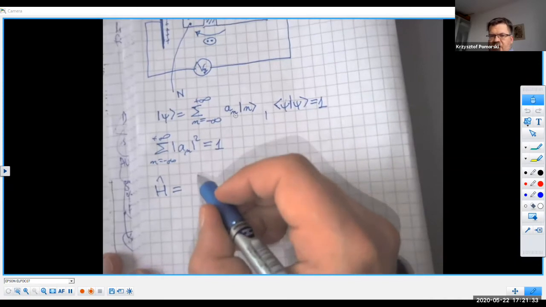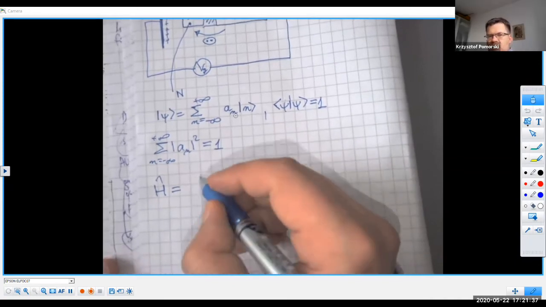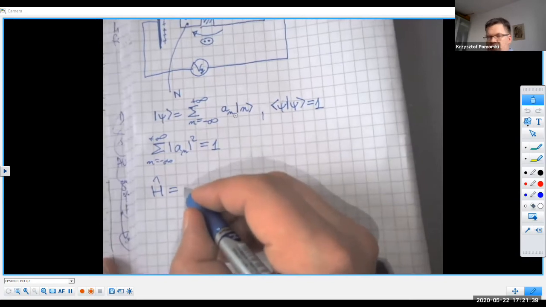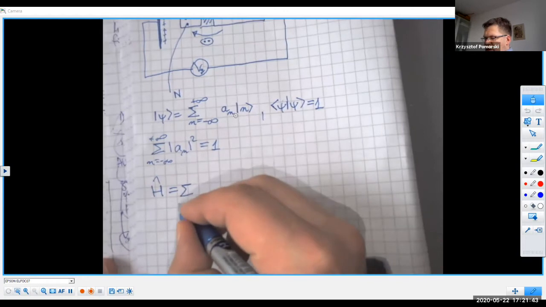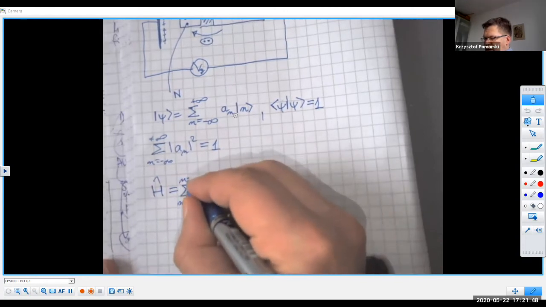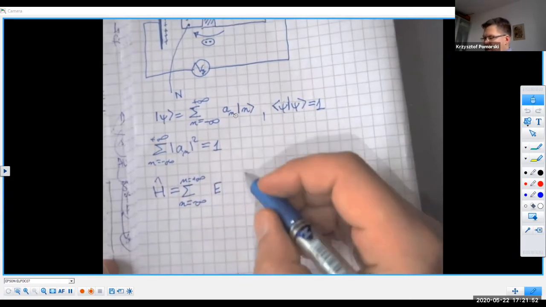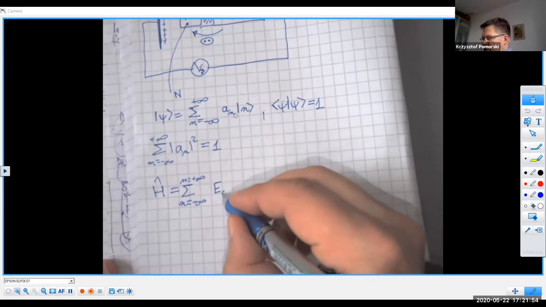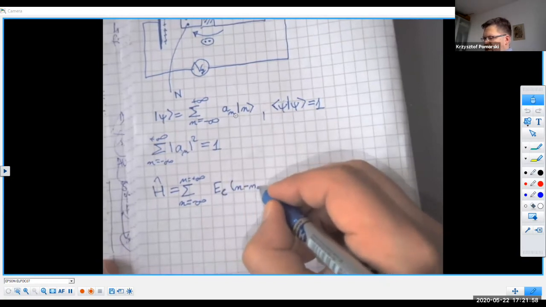I will use a certain spectral representation of this Hamiltonian, as given here. So there will be some charge and energy, and this will be n minus ng.